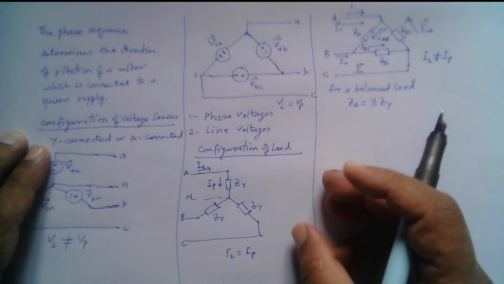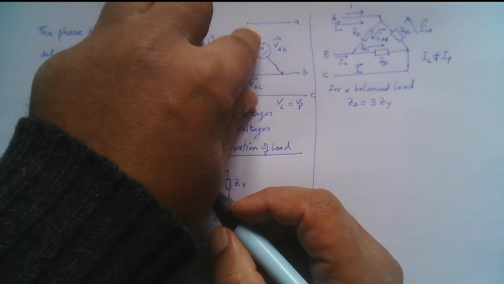And as we have seen, for Y-connected source, the line voltage is not the same as the phase voltage. But for delta-connected source, the line voltage is the same as the phase voltage. Similarly, if the load is Y-connected, then the line current is the same as the phase current. But if the load is delta connected, then the line current is not the same as the phase current. Topologically, this is not possible.